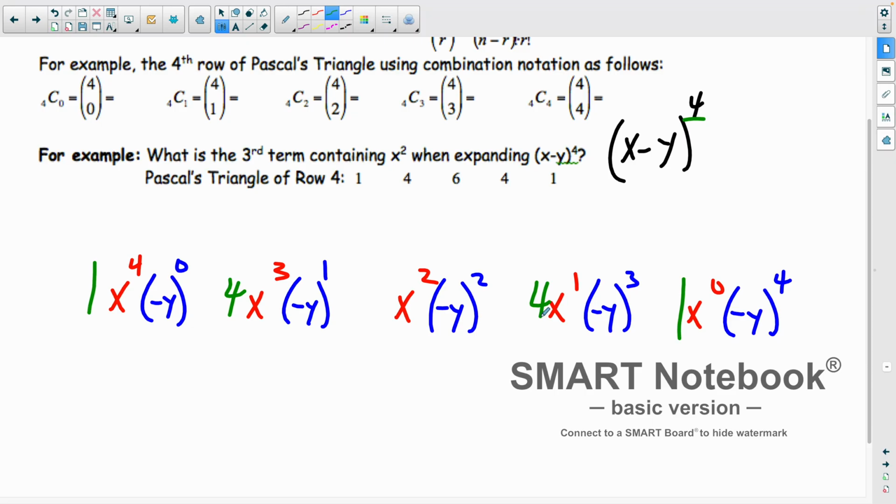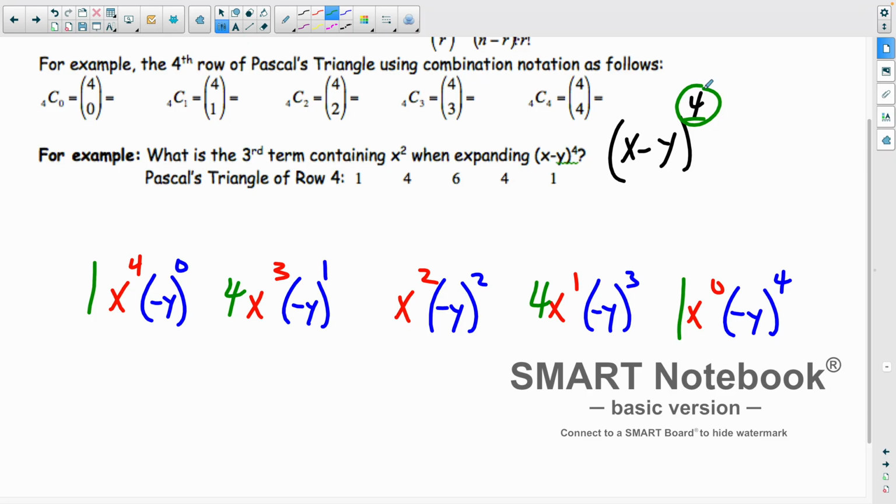If you notice here, this is combination. We did combination the very first day of this unit. How many different ways are there to order these certain little things? How many different combinations do I have? Well, the top one. What's the top one in all these? 4. Where's the 4 coming from in my problem? The 4 in the original problem, the binomial.